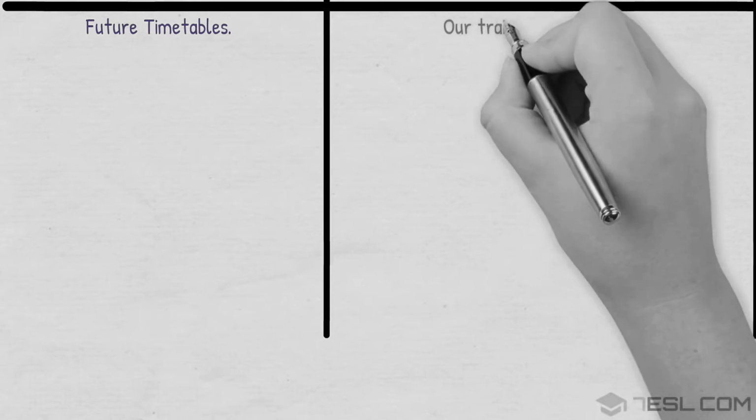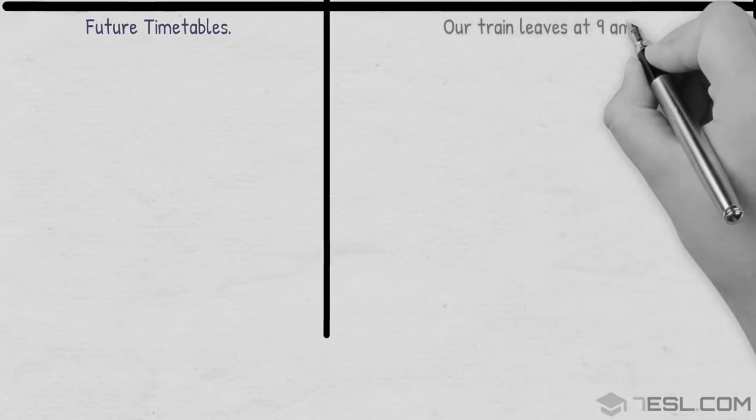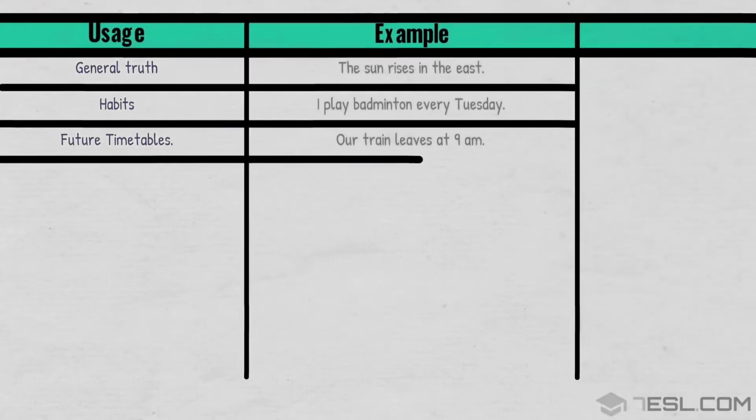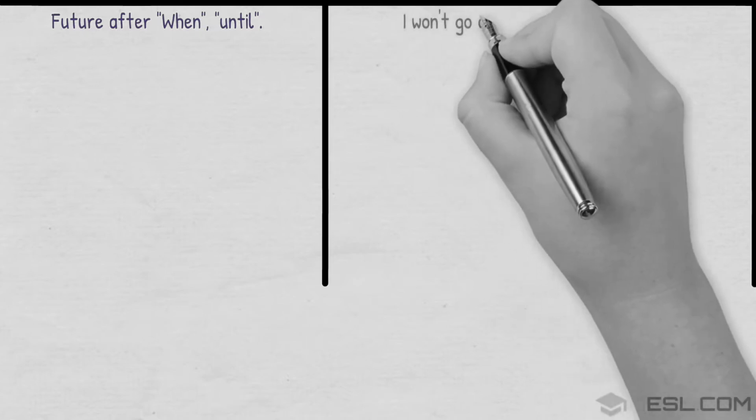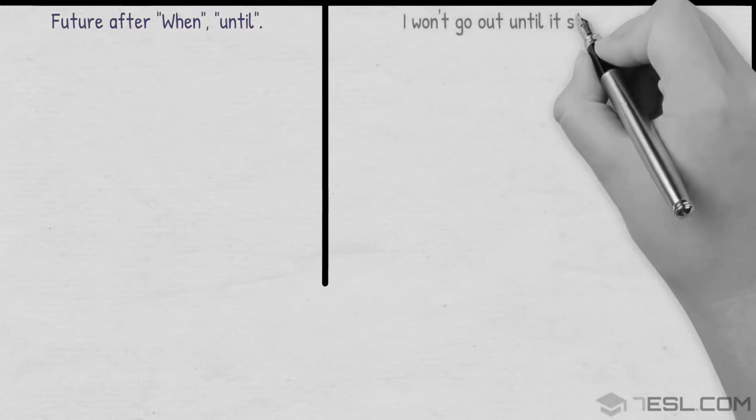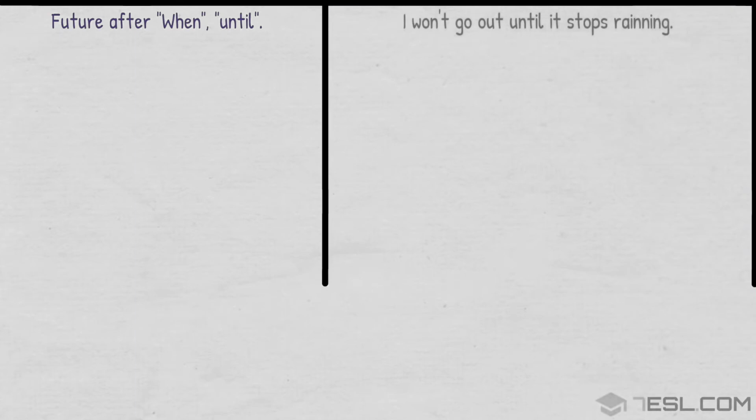Future timetables. Our train leaves at 9 a.m. Future after when or until. I won't go out until it stops raining.